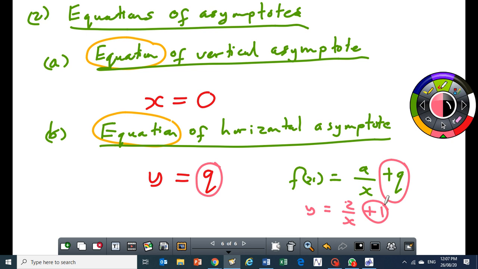Okay, and you need to remember always that your horizontal asymptote is y equal to q. Sorry, the equation of the vertical asymptote is x equal to 0. The equation of the horizontal asymptote is y equal to q. I don't want to see anything else. If you get a question on the asymptote in terms of the equation, if you write anything else, I'll give you a hiding.